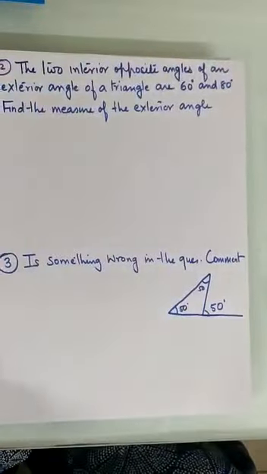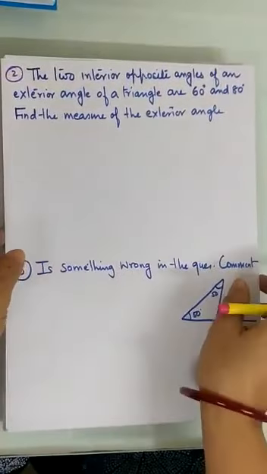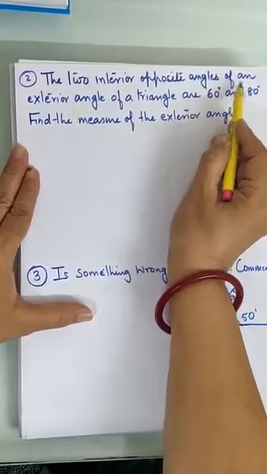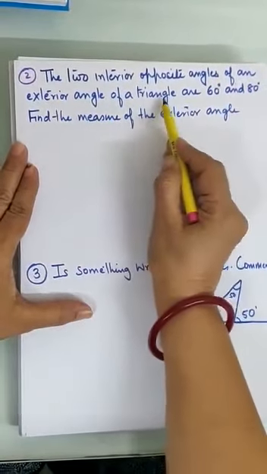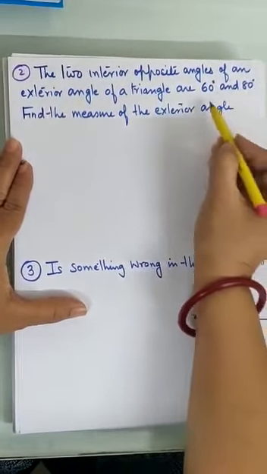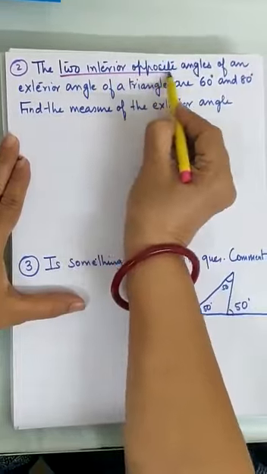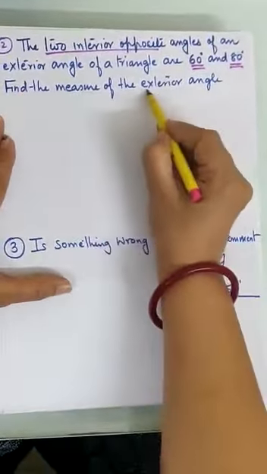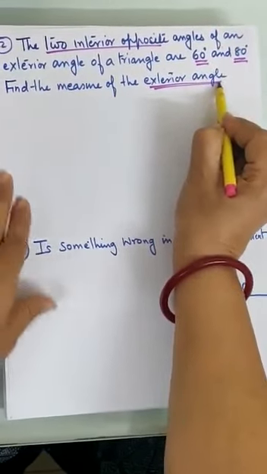Now let us start the next question. Question number 2. The two interior opposite angles of an exterior angle of the triangle are 60 degrees and 80 degrees. Now the two interior opposite angles are given, which are 60 degrees and 80 degrees. What we have to find out is the measure of the exterior angle.